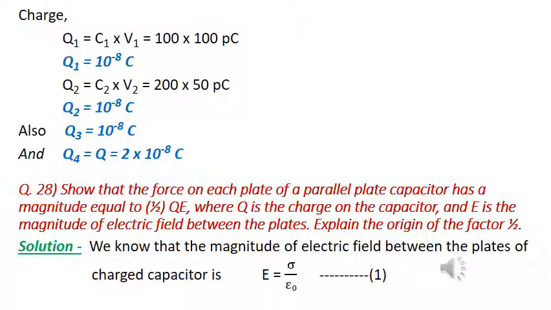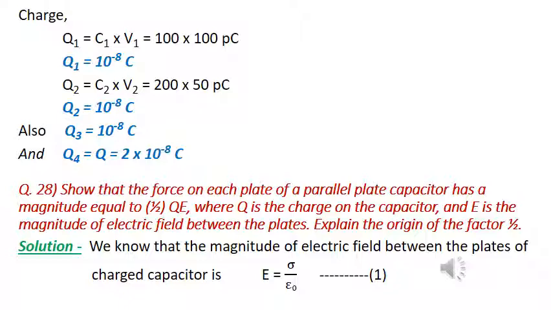Since the potential and capacitance of capacitors C2 and C3 are the same, the charge will also be the same, and hence the charge on the third capacitor will also be 10 to the power minus 8 coulomb. For the charge on the fourth capacitor, which is equal to the charge calculated in the last slide, the value of Q4 will be equal to 2 into 10 to the power minus 8 coulomb.